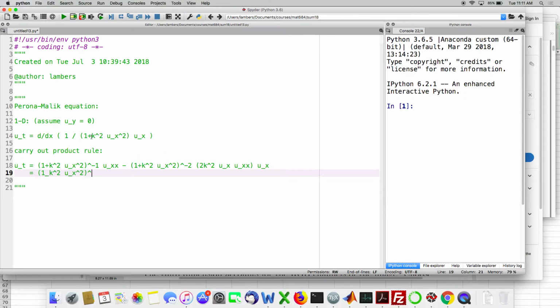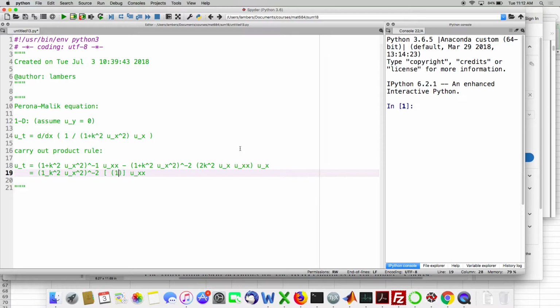Because that's obviously positive, so it's not going to affect the sign of things. It's the sign of the coefficient I care about. And notice, every term here has a uxx in it. So I'm going to factor it out on the right. And now we'll see what's left inside.